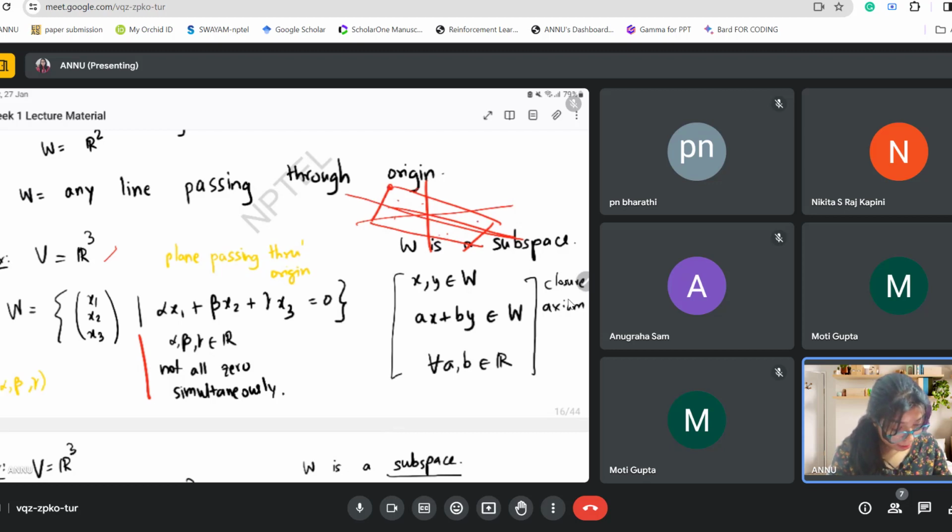This can be the case when one of alpha, beta, gamma is 0. But there is no case when alpha, beta, gamma are all 0. That is only possible when you have 0 0 0.